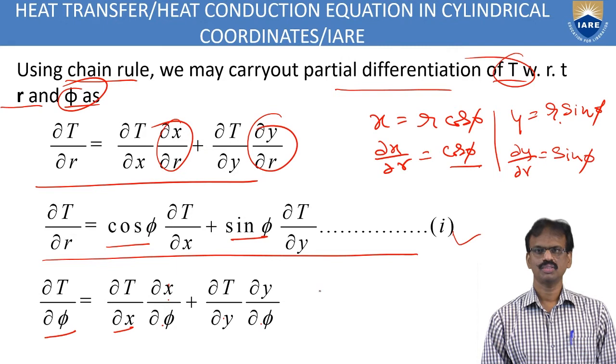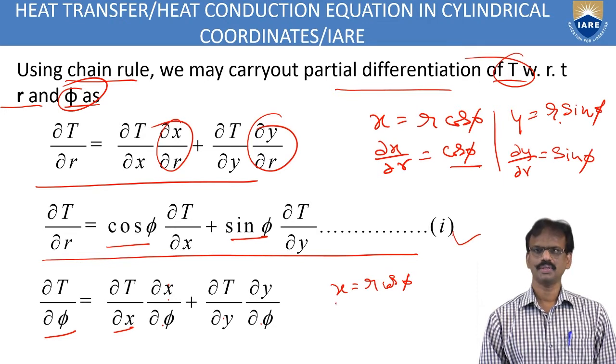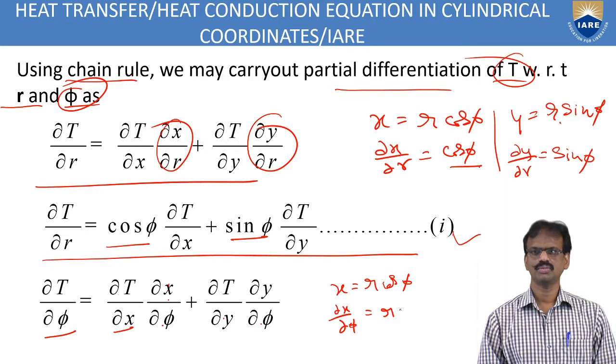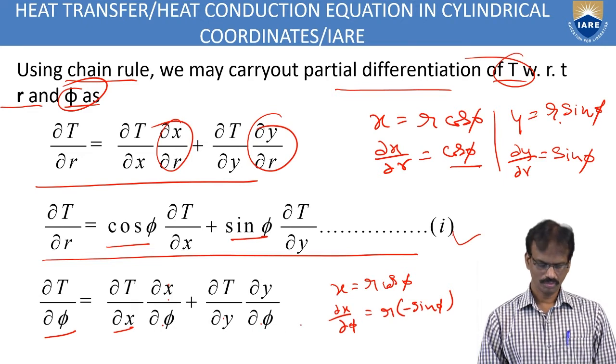We know that x is equal to r cos phi, so dou x by dou phi is equal to r into the derivative of cos phi, which is minus sin phi.